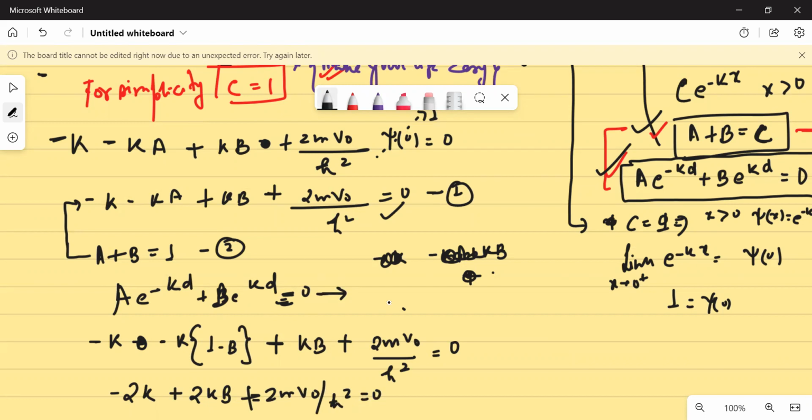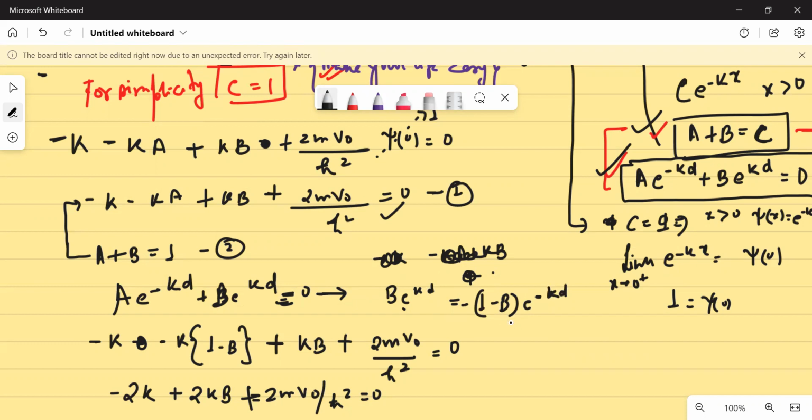But we can do something from here too. I can write b e to the power kd is equal to 1 minus b, and then they have a negative. So what can we write in place of a? 1 minus b, so you have a negative of 1 minus b, and you can write e to the power minus kd. Okay, so this is how you can do.